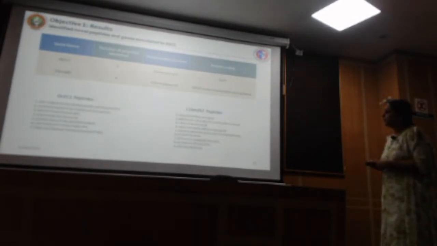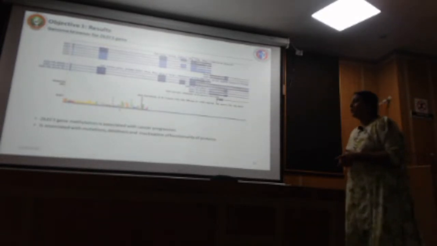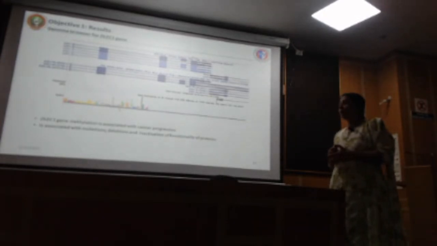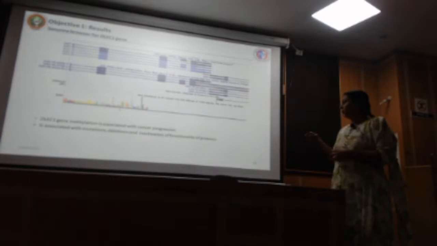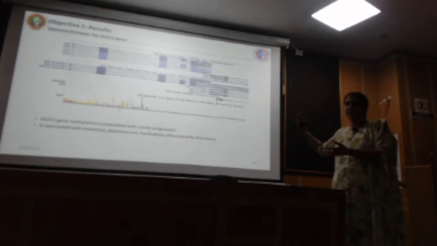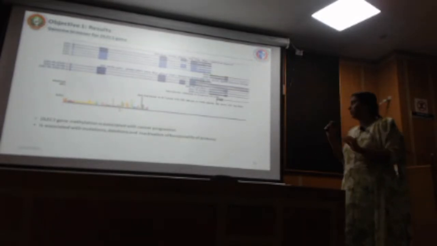In detail, the first gene is associated with methylation and cancer progression, and it also has functions in mutation, deletion, and inactivation of proteins. Further investigation of variations or PTMs will be done in the next objective, but right now we have only identified the novel peptide sequences for this gene.